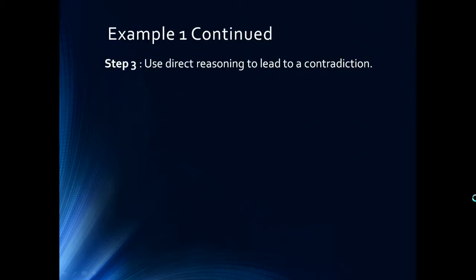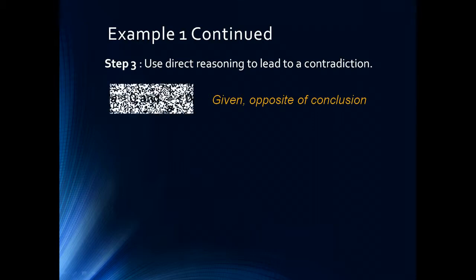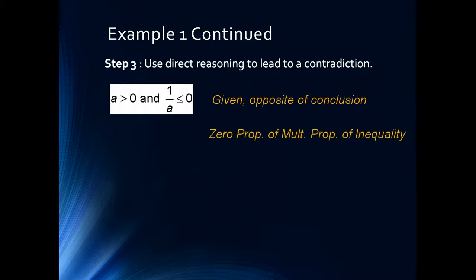So now, step 3, we say use direct reasoning to lead to a contradiction. So we start with the given, which is our opposite of our conclusion. We have a is greater than 0, that was given, and 1 over a is less than or equal to 0, and that's the opposite of our conclusion. The zero property of multiplication and property of inequality lets us say that a times 1 over a is then less than or equal to 0 times a.